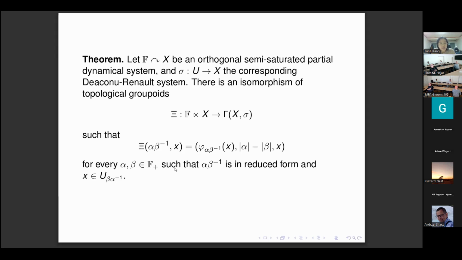And then when we have an orthogonal semi-saturated partial dynamical system and the corresponding diagonal system, then there is an isomorphism of topological groupoids from this transformation groupoid associated to this partial dynamical system to this diagonal groupoid associated to this diagonal system, given by this.